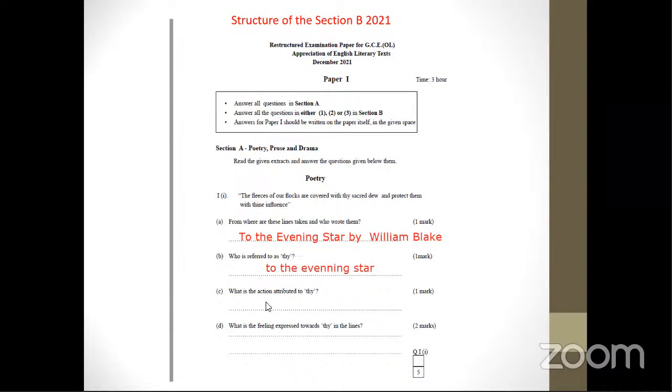Okay, what is the action? You can look at the text there. The fleece of our flocks are covered with thy sacred dew. Yeah, it is given, like we know, referred to goddess.